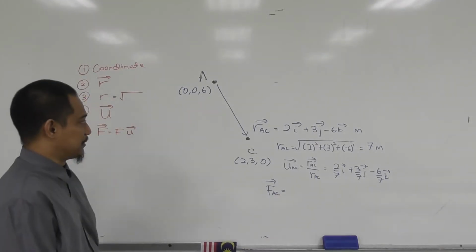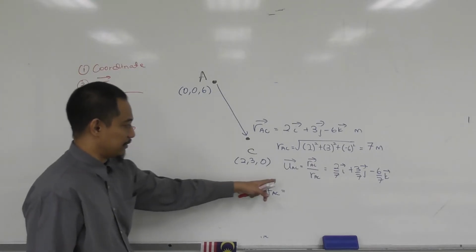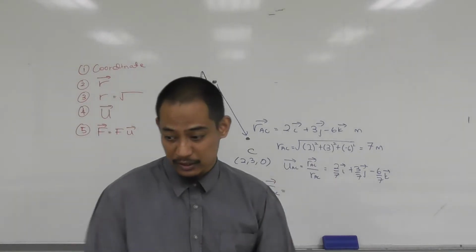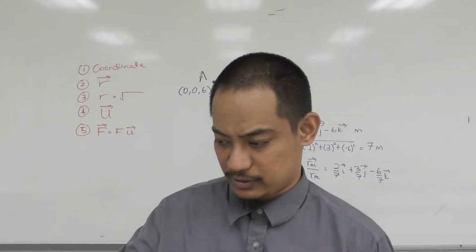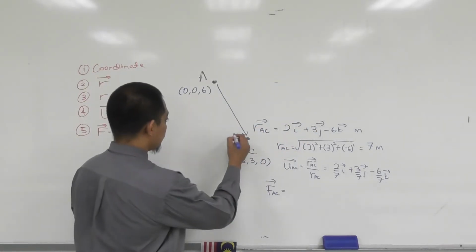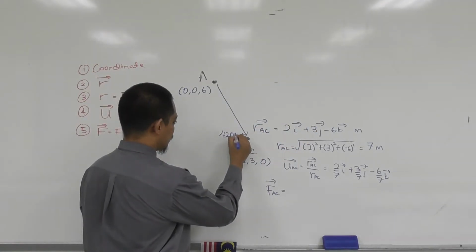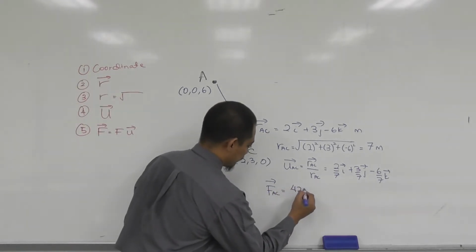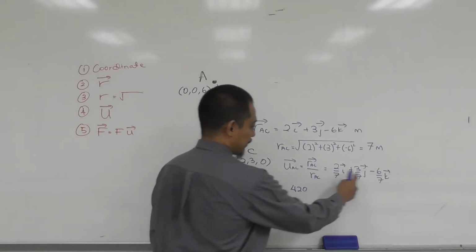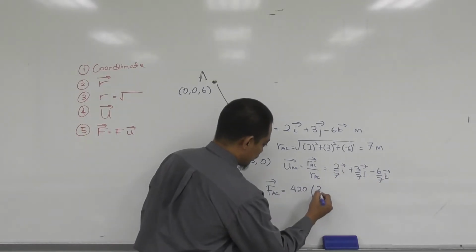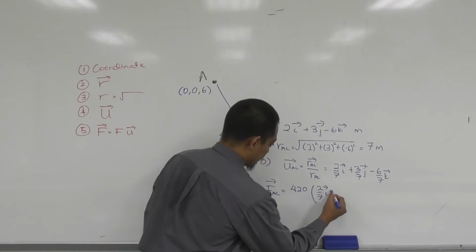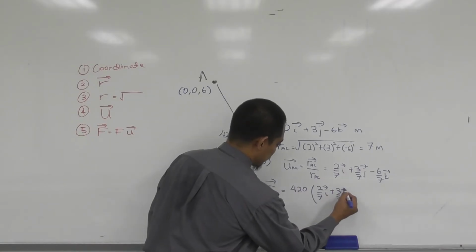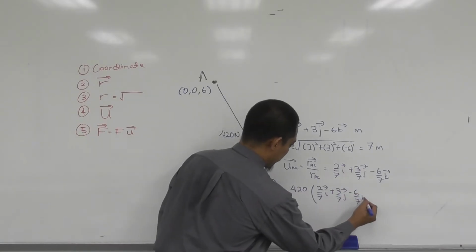Now, then what is FAC? Right? So it's simply just the magnitude multiplied by UAC. And the question actually gives FC is 420 Newton. So basically what it is, 420 Newton multiplied by 2 over 7i plus 3 over 7j minus 6 over 7k.